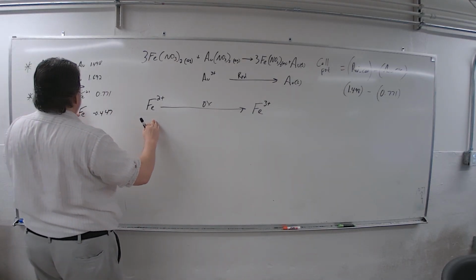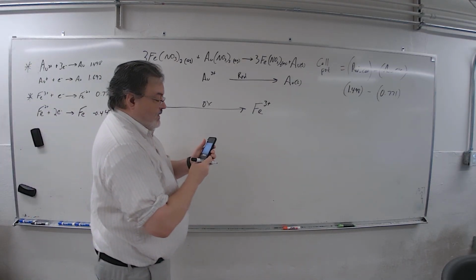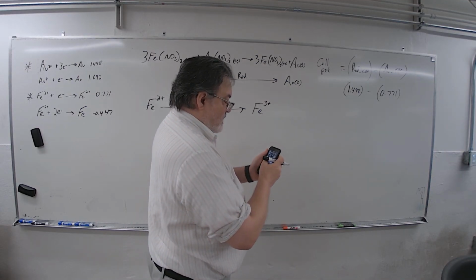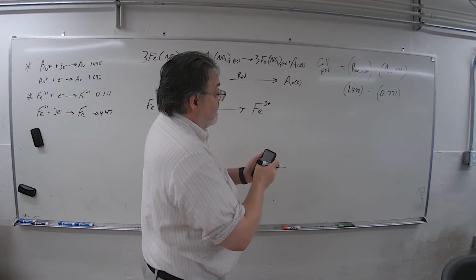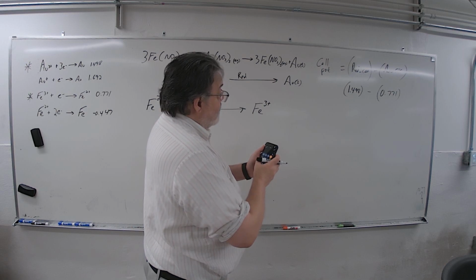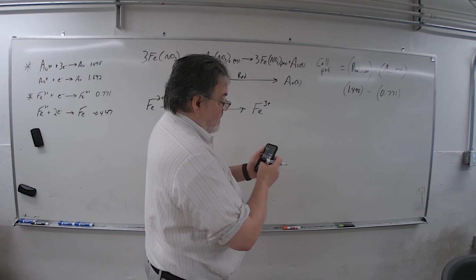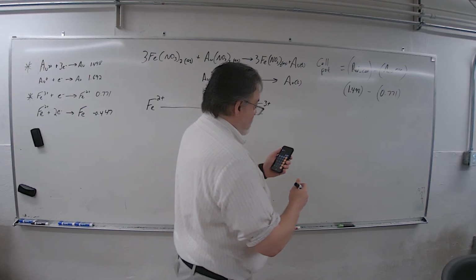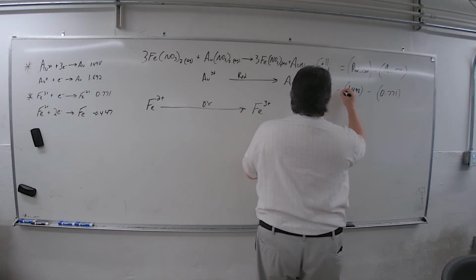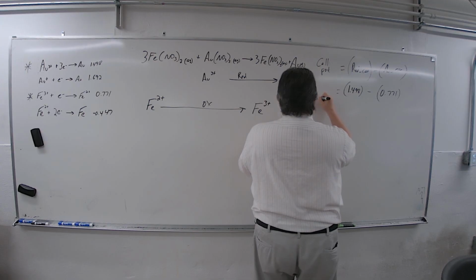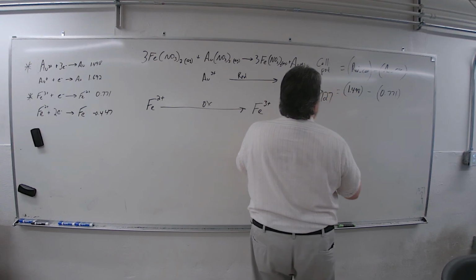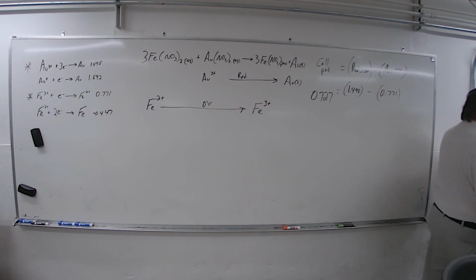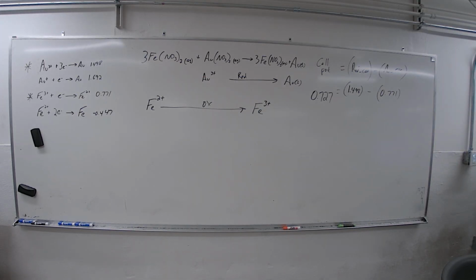Oxidized, Fe2, oxygen. 1.498 minus 0.771, and this equals... it's positive, so that one's spontaneous.